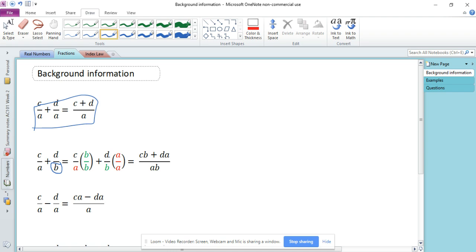Copy the second fraction, you need to times something. What is that? The denominator from the first fraction, A over A. And then here is AB or BA, and it will become CB plus DA.